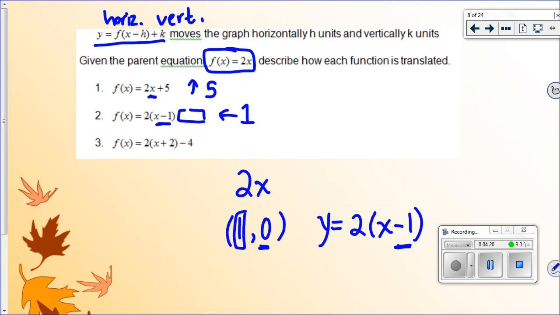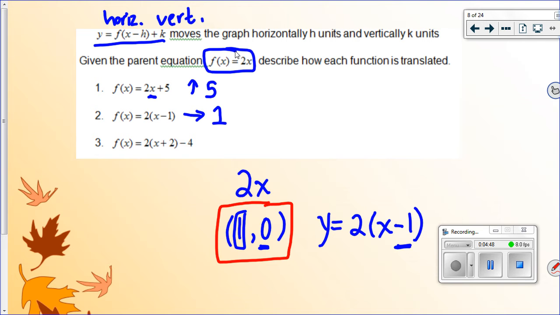Right? So this is not a translation to the left. This is actually a translation to the right. So this is right 1 unit. Right? Again, it's a translation to the right because if you remember point slope form, the point for the parallel line that I'm going through is 1, 0, positive 1, 0.